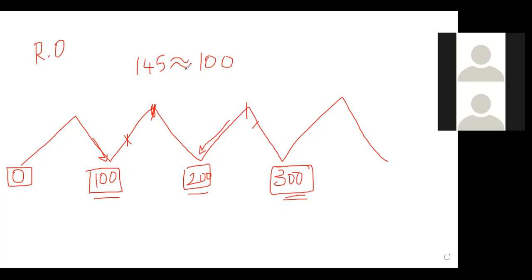Okay, so we call this not equals, but almost equal to, or near to. Sometimes if you don't want to write this squiggly, snaky kind of equals, you can just put an arrow. That's also fine. But never, ever, ever put an equal sign. Do you understand? That's a big sin in maths. You cannot say 145 equals 100 when you are doing a round off.